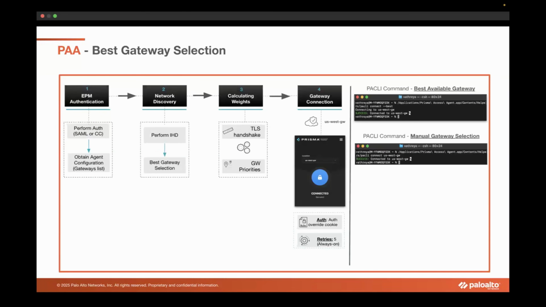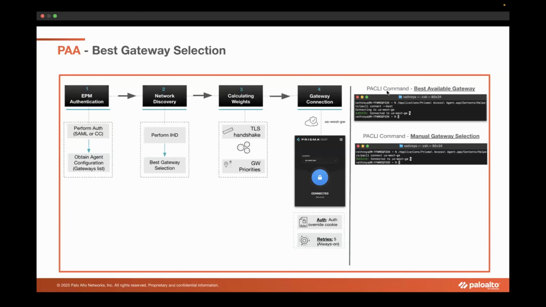If it is not, then it will do a best gateway selection. There is a weight calculation that happens based on the time taken for the TLS handshake and then the gateway priorities. Based on the weights calculated, the agent will connect to the best available gateway, right? And again, the authentication for the gateway is via the auth override cookie.